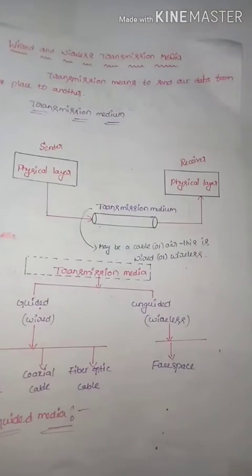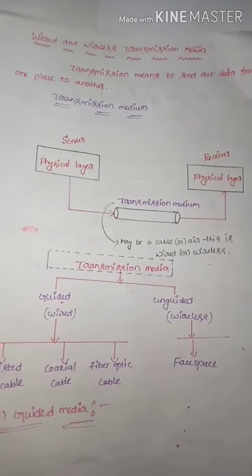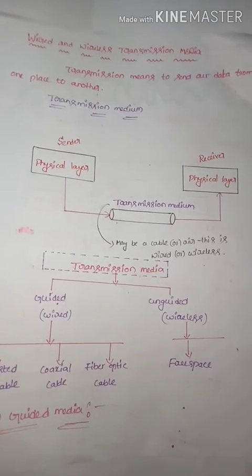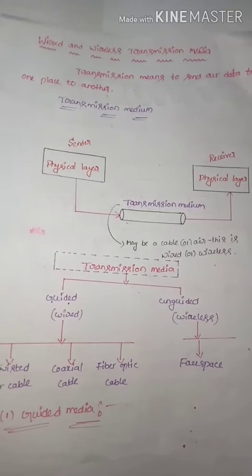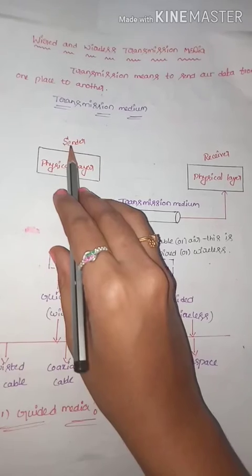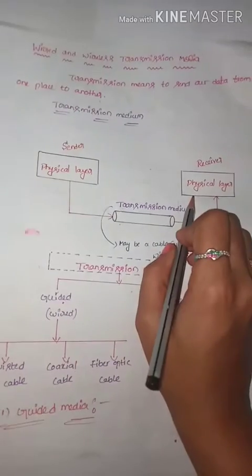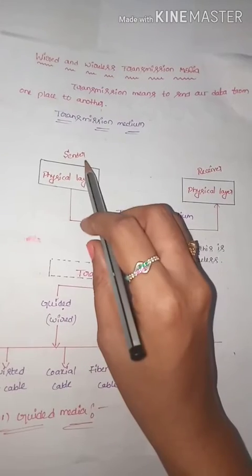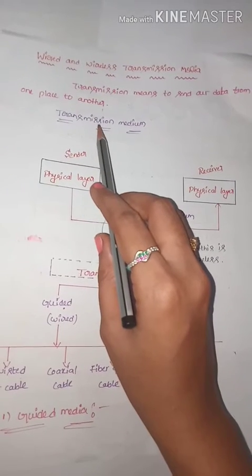The first layer of the OSI model, that is the physical layer, as we know, is dedicated to the transmission media. It is a physical path between the transmitter, that is the sender, and the receiver. See here, this figure shows the transmission medium and the physical layer.